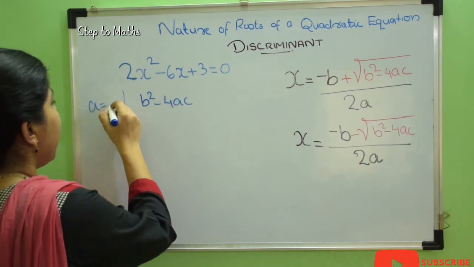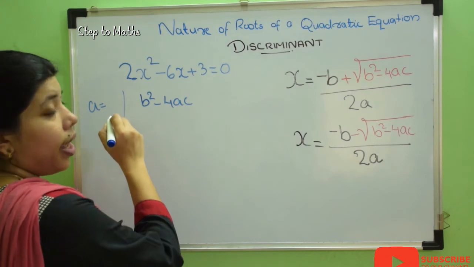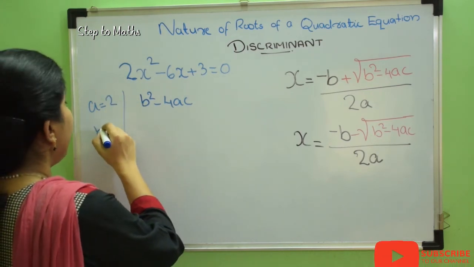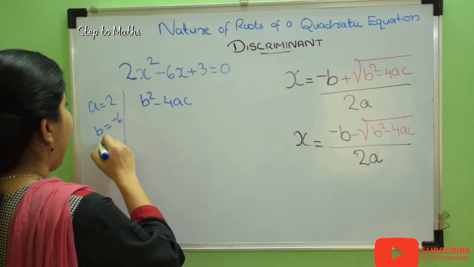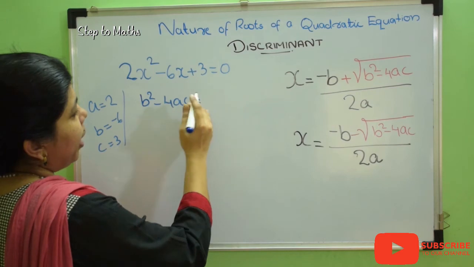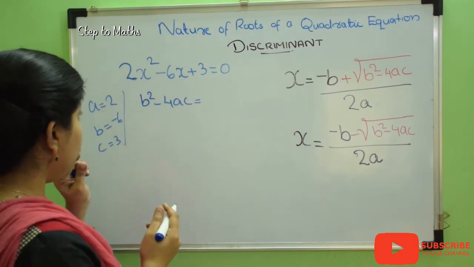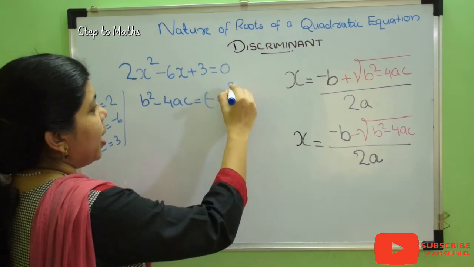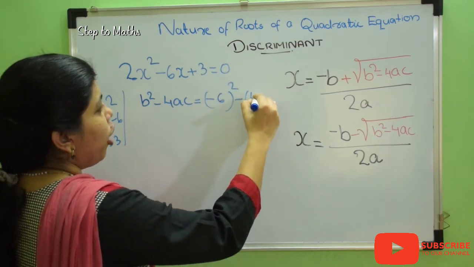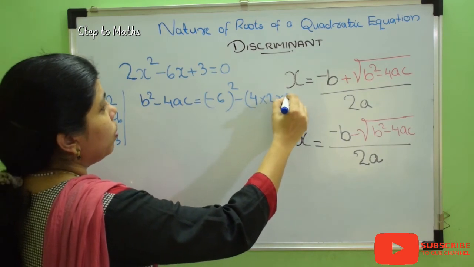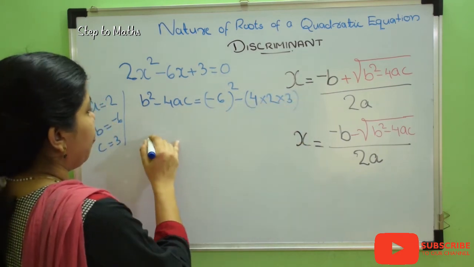The values of a, b and c are: a is equal to 2, b is equal to -6 and c is equal to 3. b² - 4ac is equal to (-6)² - 4 into 2 into 3.